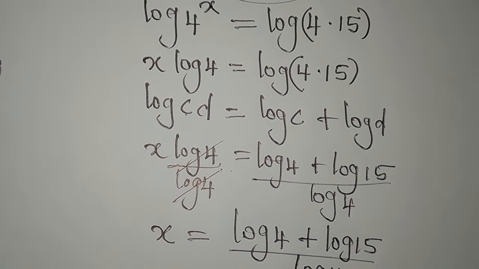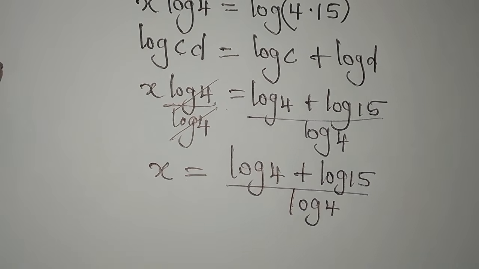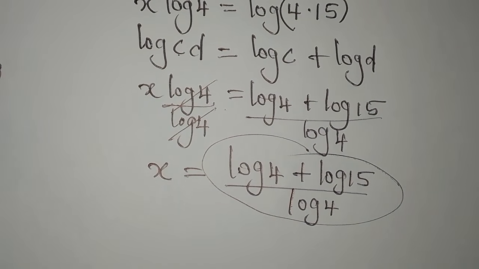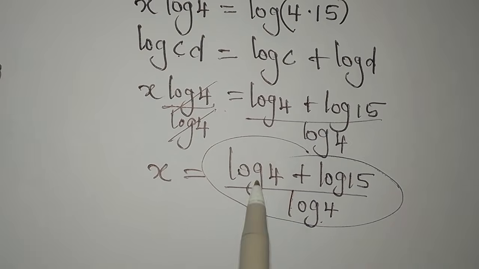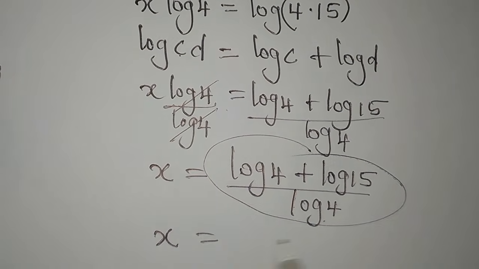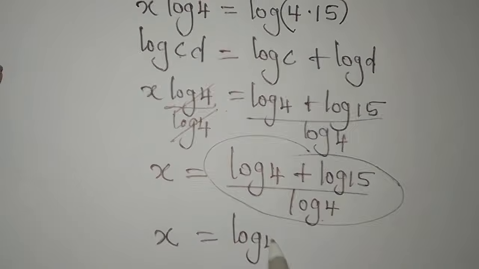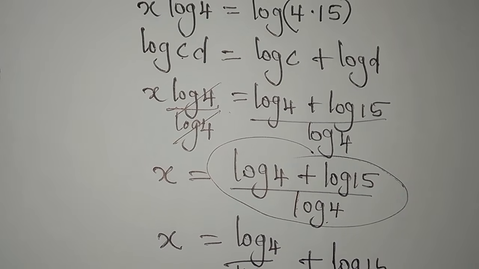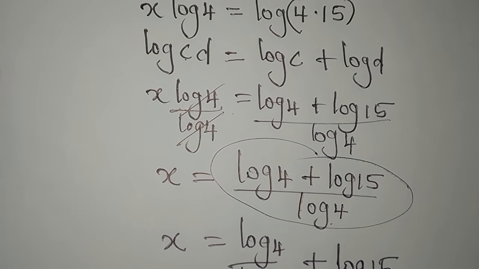But then there's something else we can do. We can reposition what we have here so that you will see that log 4 works for the two numerators. So x is going to be log 4 over log 4 plus log 15 over log 4.